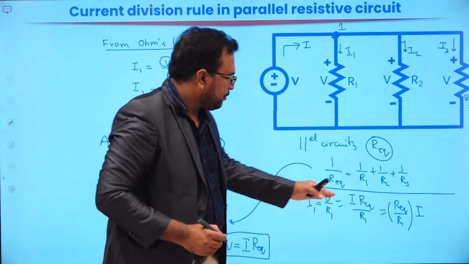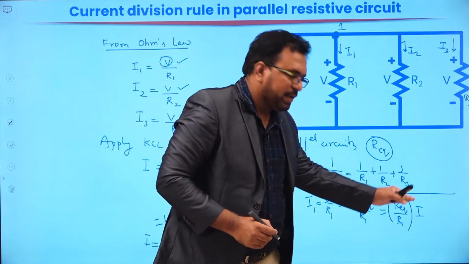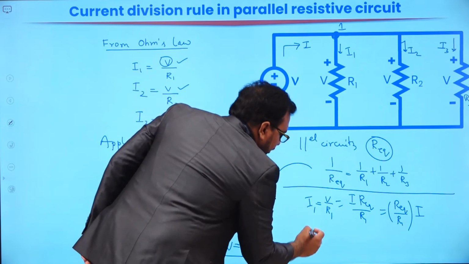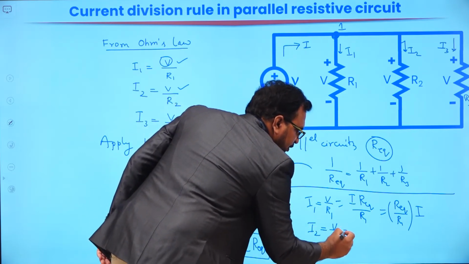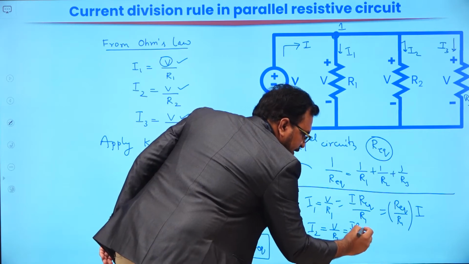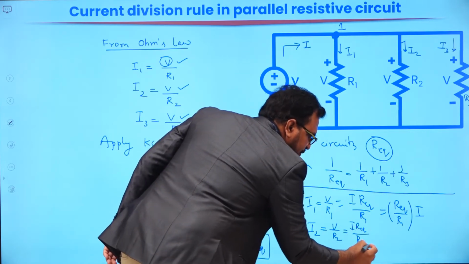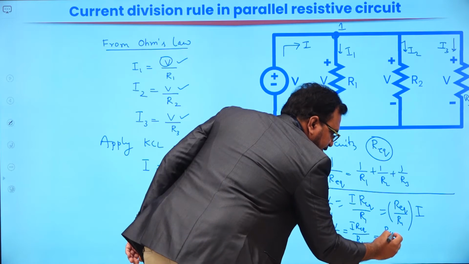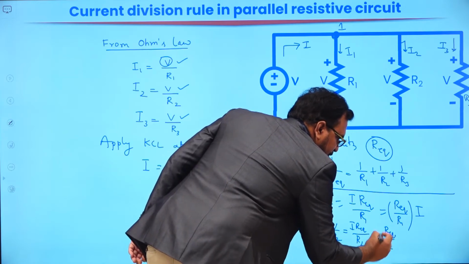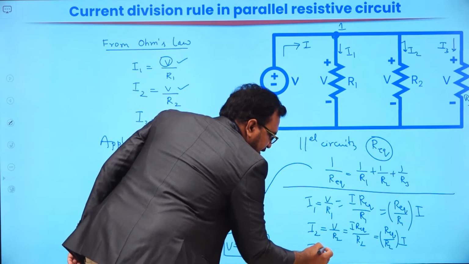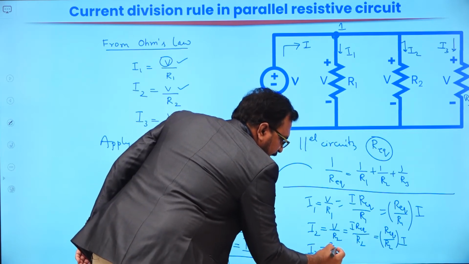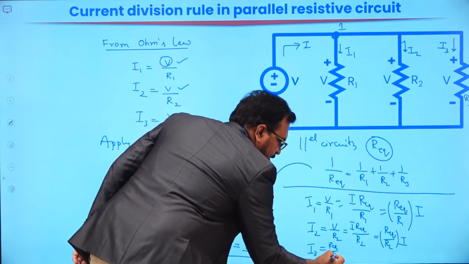So I1 is equal to R equivalent divided by R1 into I. Similarly, what about I2? V by R2, and V is I into R equivalent divided by R2. You can write this as R equivalent by R2 into I. And finally, I3 can be obtained in the same manner, which is R equivalent by R3 into I.